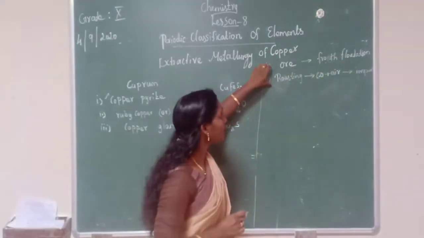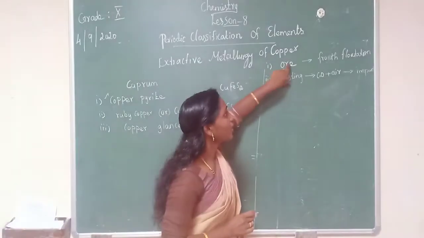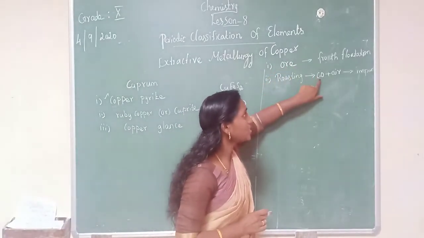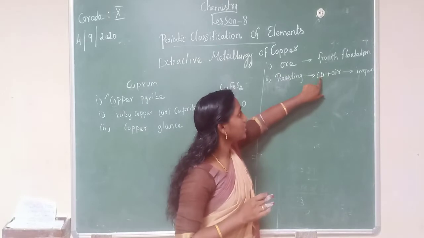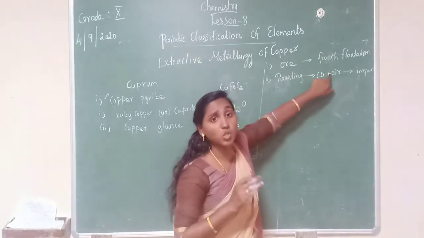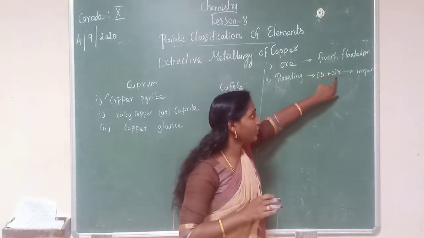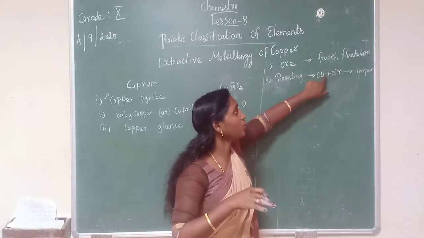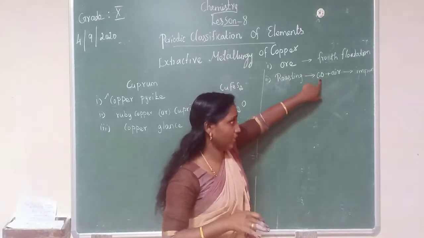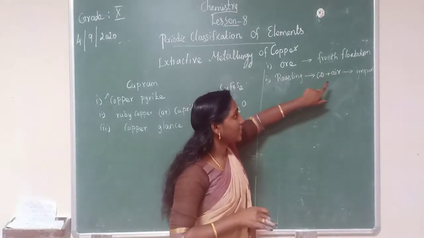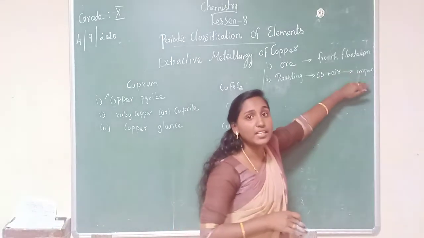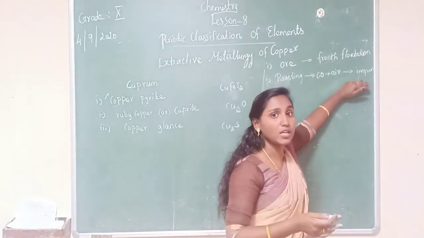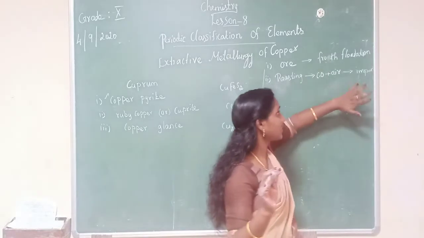Second step, roasting: the concentrated ore is roasted in excess of air, and at that time the volatile impurities and moisture are removed. We will get an ore.